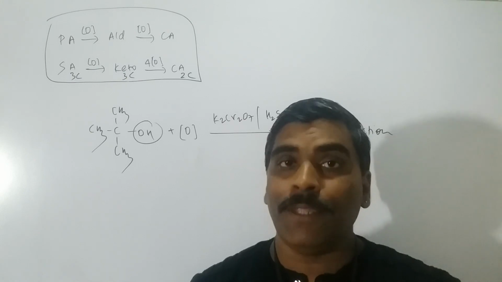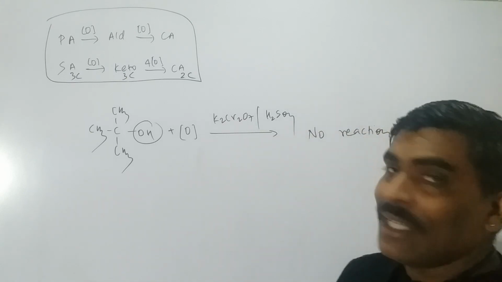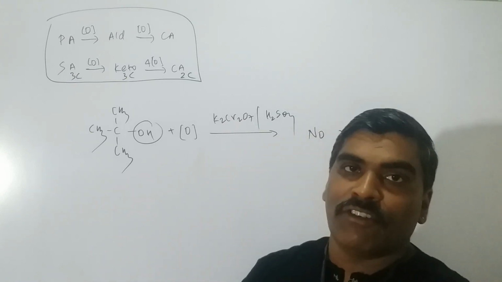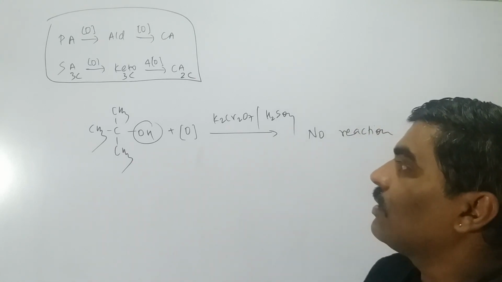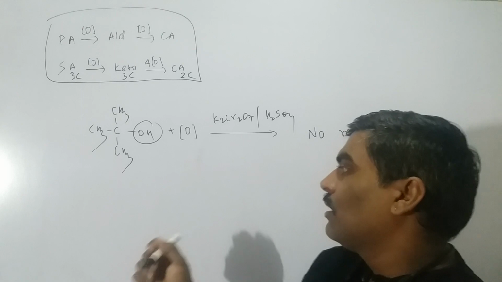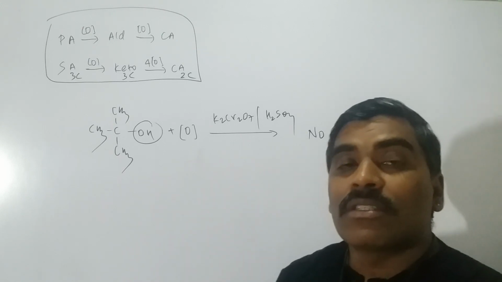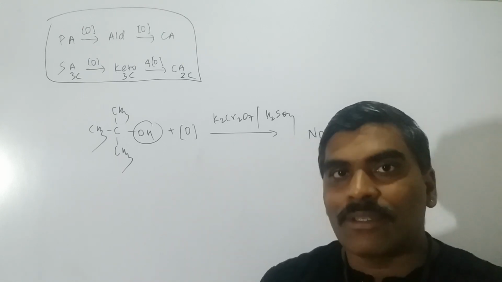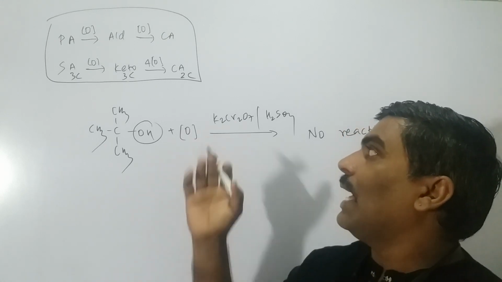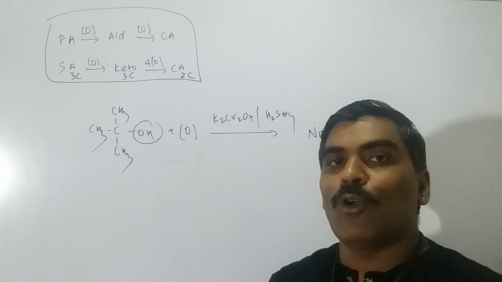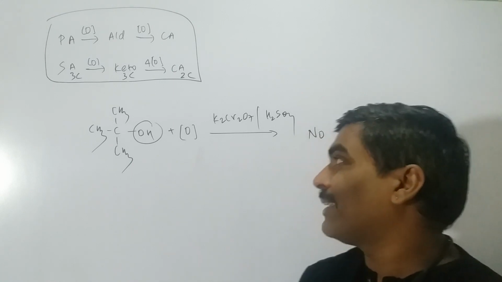like CrO3. That is another topic we'll take, oxidation of alcohols. But here what we are talking about is, if a question comes, how will you distinguish between primary, secondary and tertiary alcohols using acidified potassium dichromate or potassium permanganate?